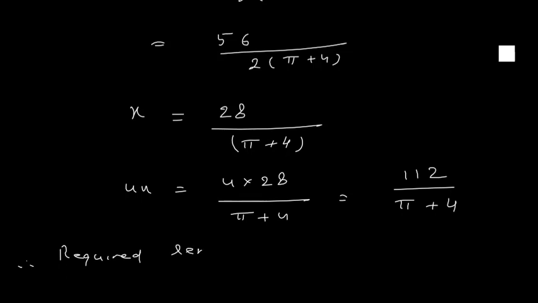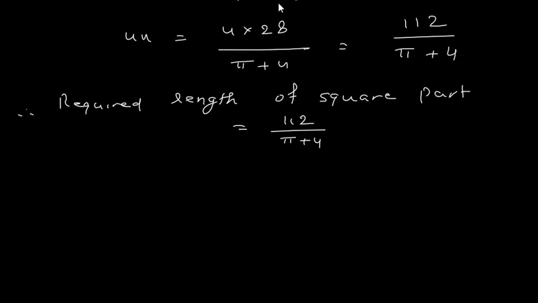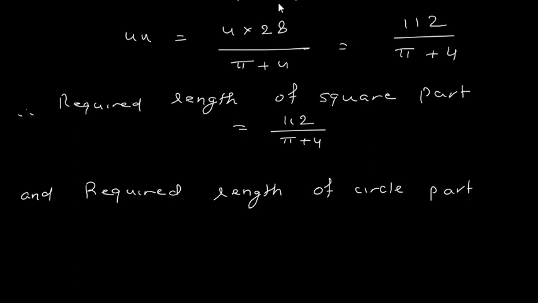So therefore finally I will say that the required length of the square part is equal to 112 upon pi plus 4, and the required length of the circle part we can say is equal to 2 pi r, which is 2 pi into 14 upon pi plus 4.